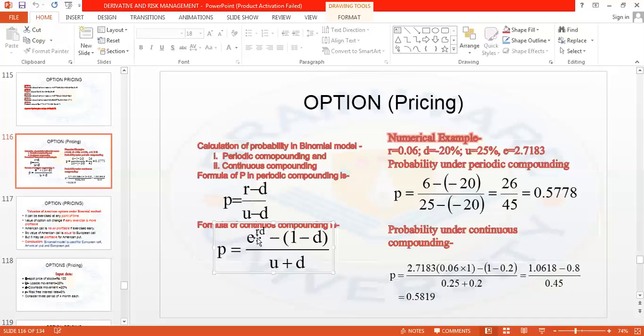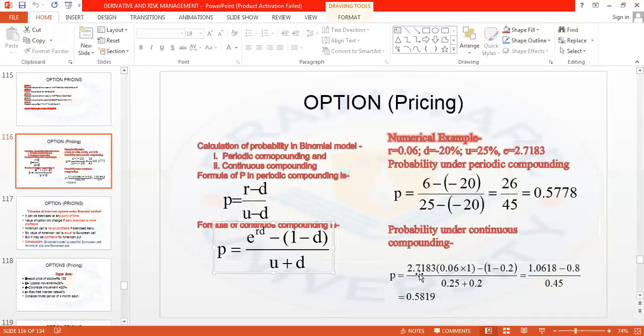So actually it is e to the power RT minus 1, then it is plus D. So that minus 1 and plus D has been put in the bracket with minus common. That is why it is 1 minus D. So this formulation of the formula is quite okay. It is P equals e to the power RT minus, within first bracket, 1 minus D, and the denominator is U plus D. So just see the calculation that we have shown here.